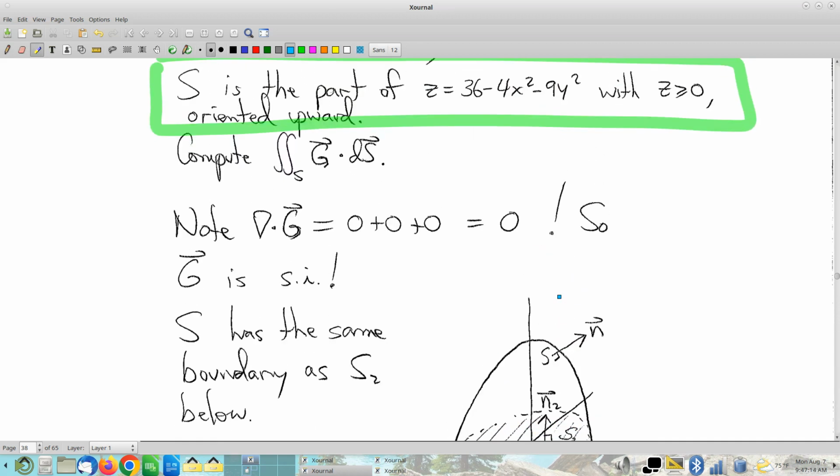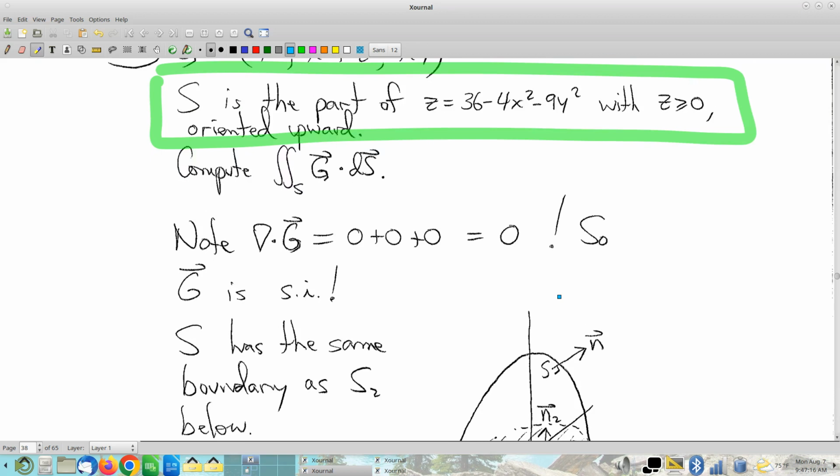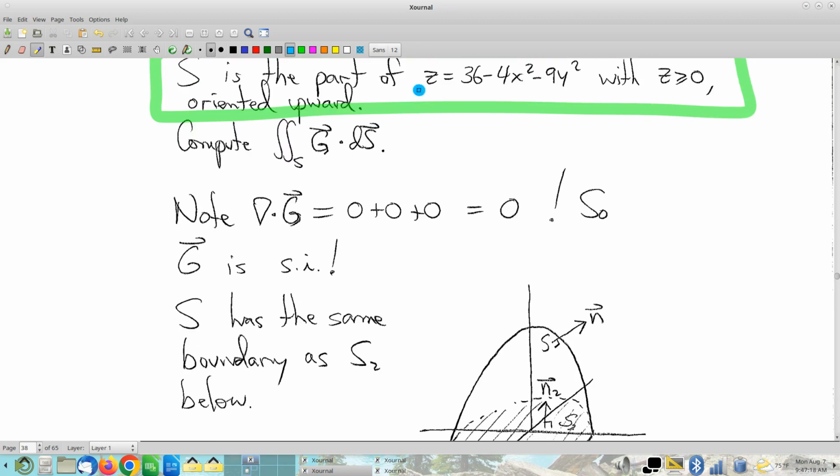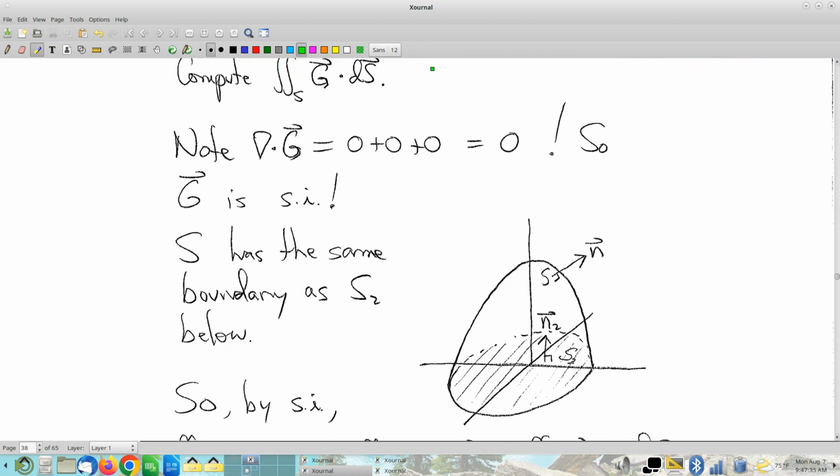Let's look back at the statement of the question here. It does not say here, this surface and part of the plane z equals 0. That's just not what it says. Right? It says very clearly that we're looking at a part of this paraboloid. That means that S is entirely a subset of this paraboloid.